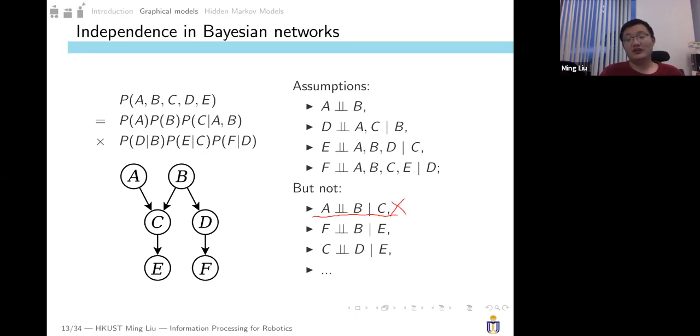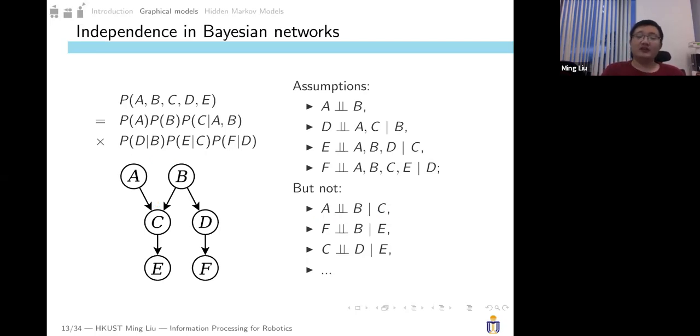This is wrong, because if you put one sensor over two doors, and the sensor sees some door is open, if A is closed, then that increases the probability that B will be open, right? So given C, actually A and B are not independent anymore.